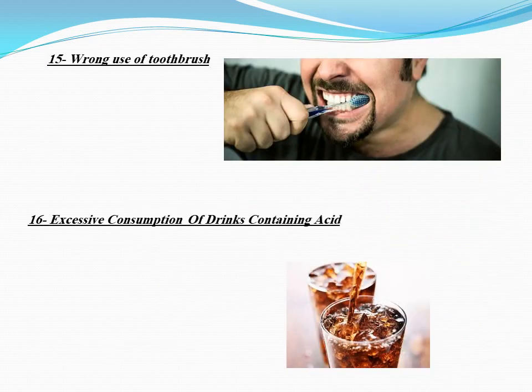Wrong use of the toothbrush. One of the main causes of loss of bone around the teeth or gingival recession is excessive rubbing of your teeth, which includes brushing too vigorously, up and down or side to side, which causes increased sensitivity to touch and cold.